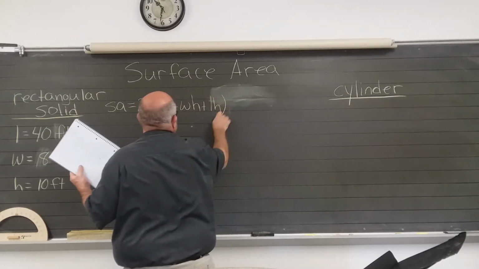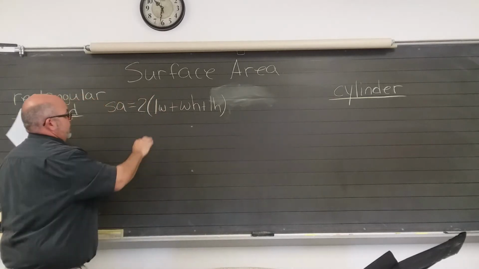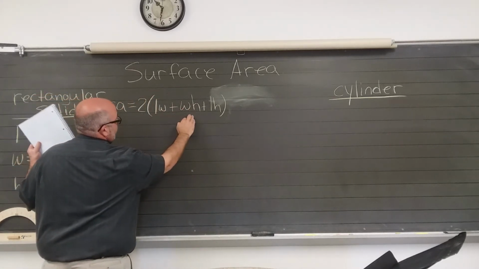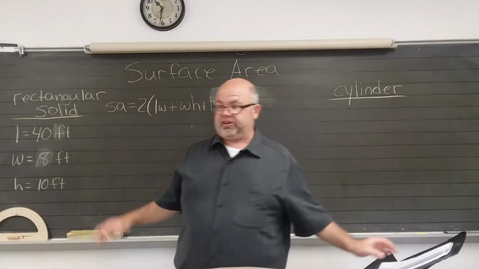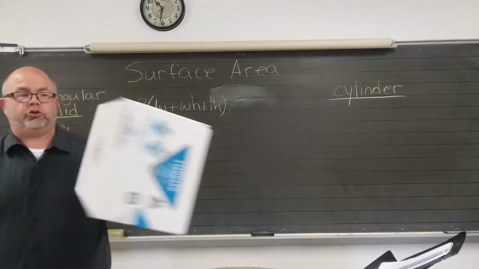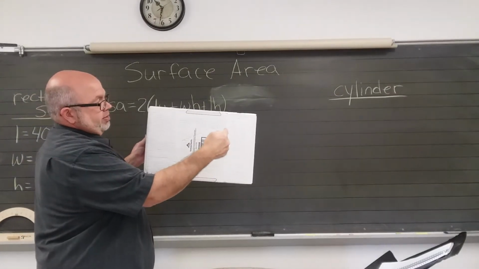Each of these letters means something. This means length times width, width times height, length times height. And the times 2 is because there are 2 of each of these sides.